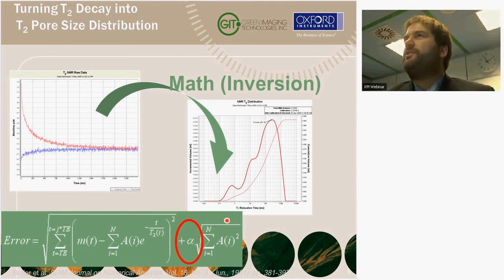It's going to be a distribution of pores. So that's what the smoothing term does: it forces solutions of neighbors to be related. It forces the distribution to be smooth. And that's here. So in this example, we have large pores, medium-sized pores, and smaller pores.